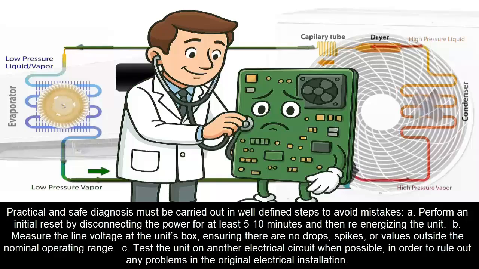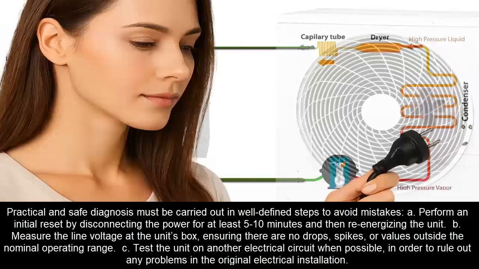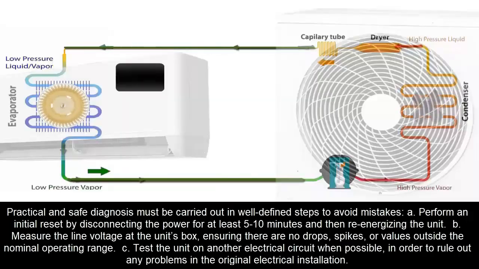Practical and safe diagnosis must be carried out in well-defined steps to avoid mistakes. A. Perform an initial reset by disconnecting the power for at least 5 to 10 minutes and then re-energizing the unit. B. Measure the line voltage at the unit's box, ensuring there are no drops, spikes, or values outside the nominal operating range.